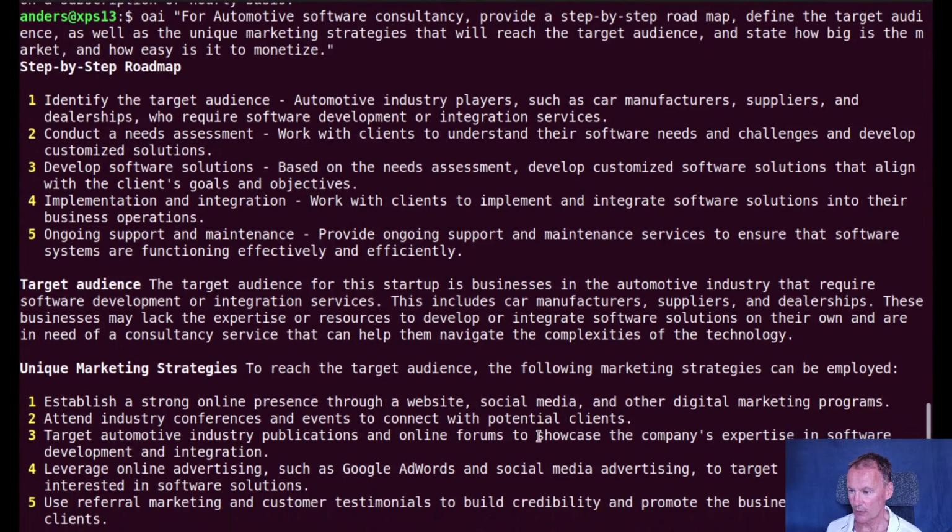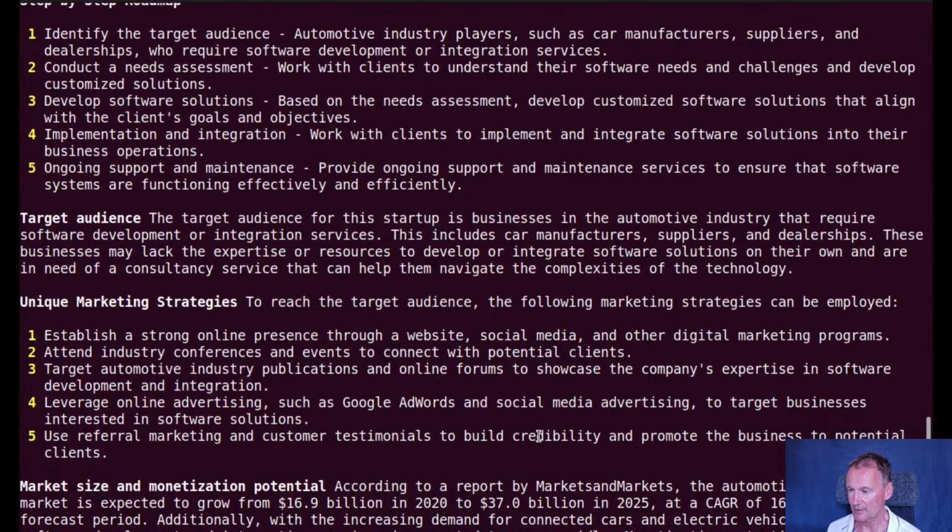So for automotive software consultancy, the roadmap is industry player. Dealerships require software development for integration services, connecting and assessment with clients and understand the software.